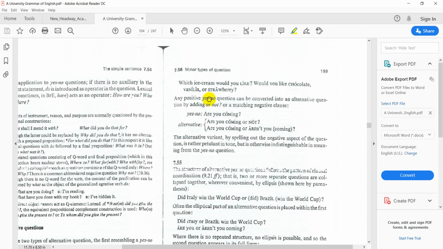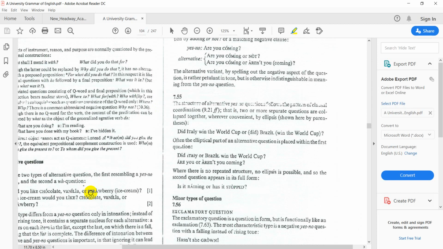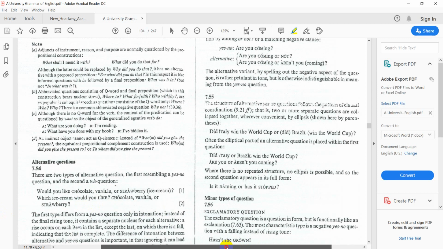Please have a look here. If I ask by which, as I did here, when I ask by WH element, first I ask about the ice cream, and then I have a question mark.